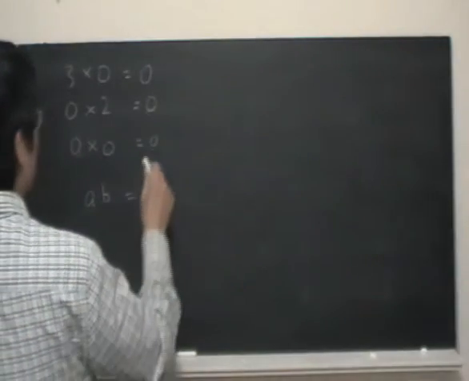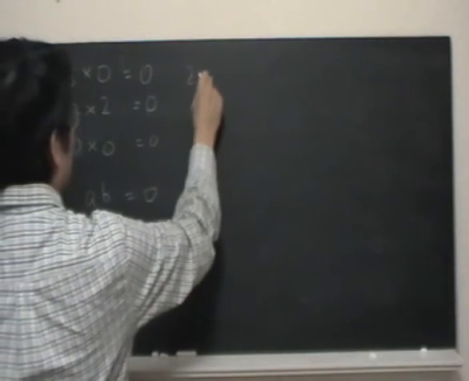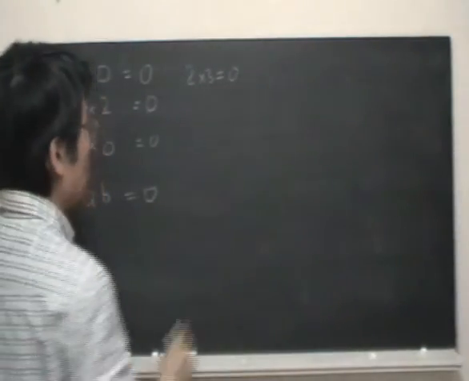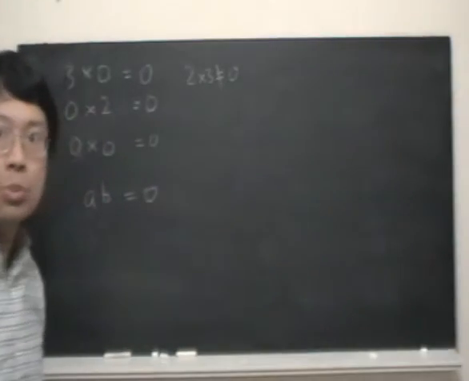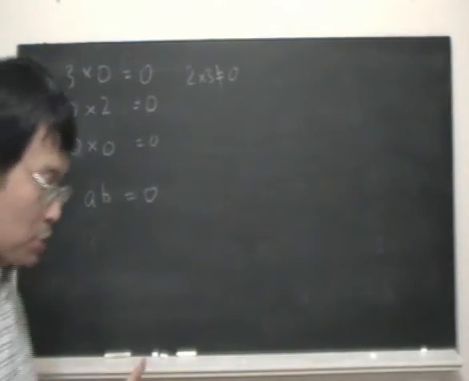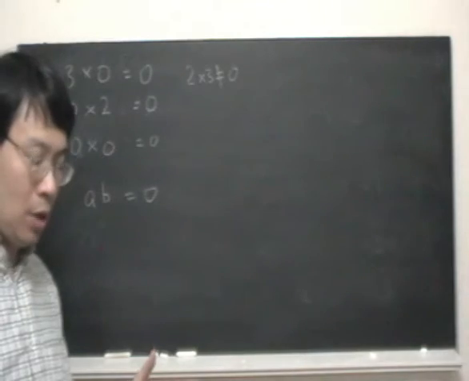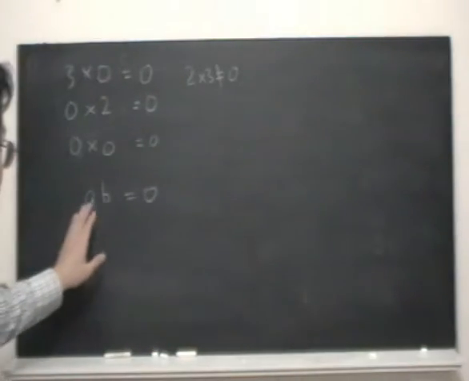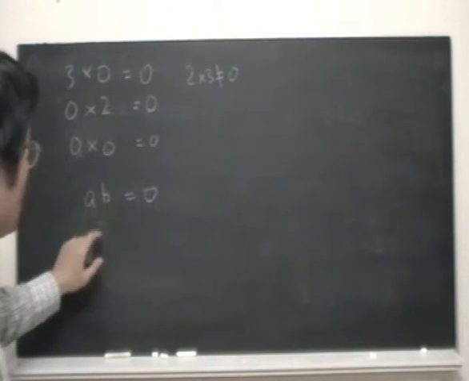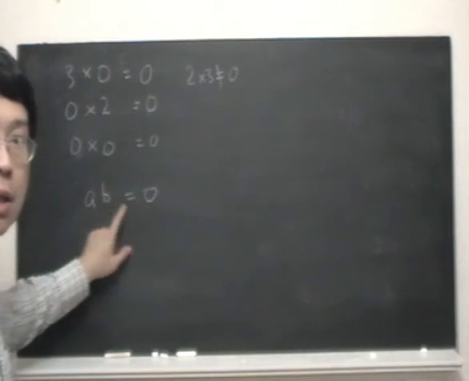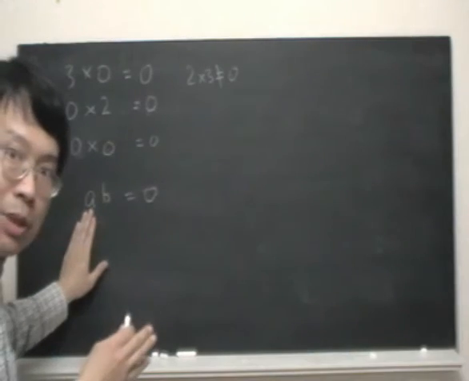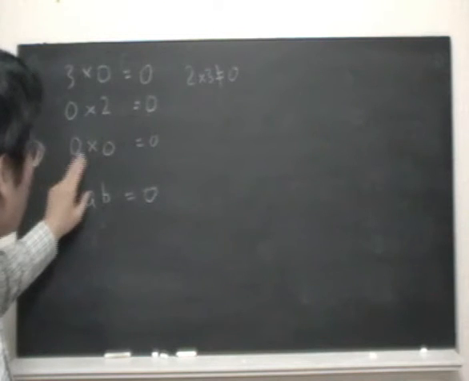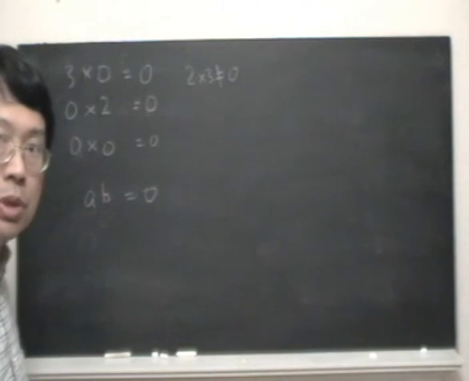For example, I cannot do 2 times 3 to get 0. That's wrong. That's not possible. So when I multiply two numbers, if the answer is 0, then one of the numbers must be 0. So if I multiply a by b and get 0, either a must be 0 or b must be 0, or they can both be 0.